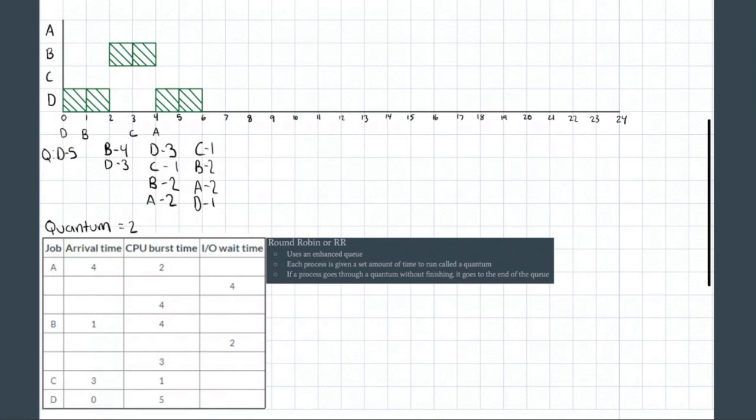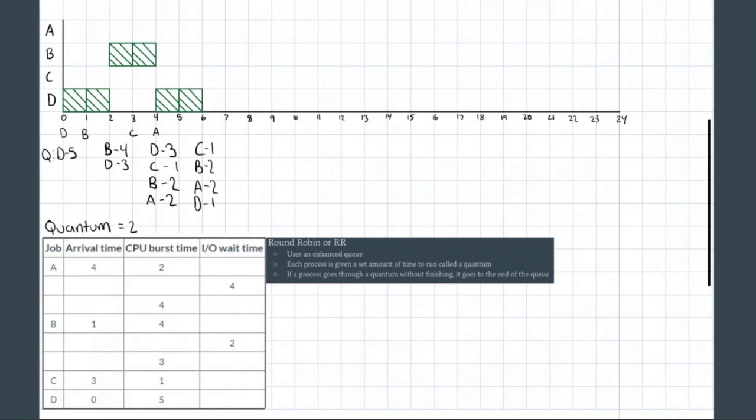Yeah, I'm just going to reword what you said briefly. Because earlier you had B with the CPU burst time of 4, and then you had D. So at time 4, D is going to be first in queue because it was on the queue before.